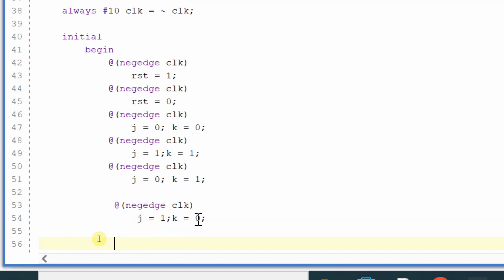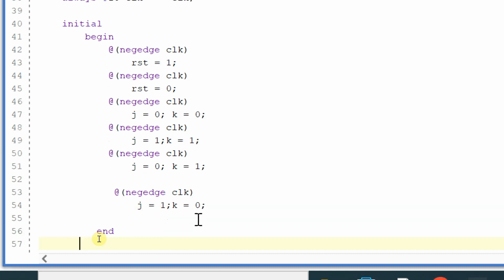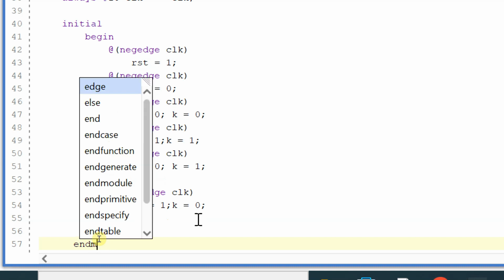So these are some of the input combinations to my design.